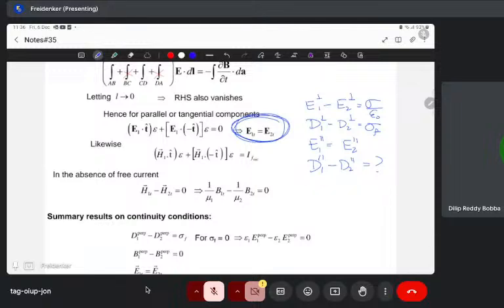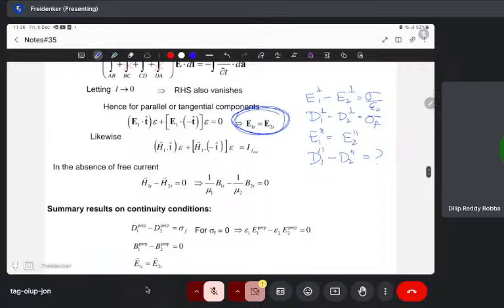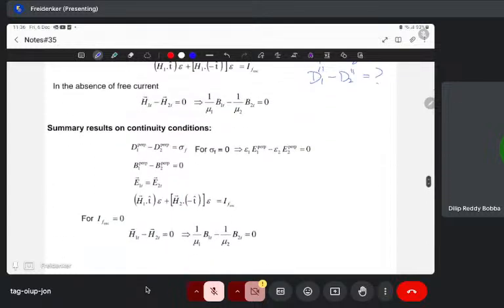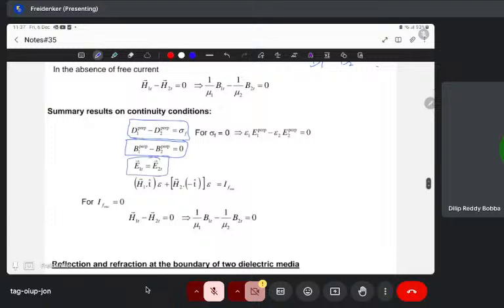Boundary conditions. If current is not there, that is fine. You'll get zero only. That is absolutely fine. Let's look at the summary. This is okay, fine. This is maybe fine. Tangential components are equal.